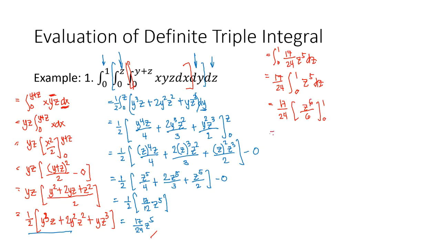So substituting, we have 17 over 24 of 1 to the sixth over 6 minus 0. So basically, 17 over 24 times 1 over 6 is equivalent to 17 over 144. So this is now our final answer.